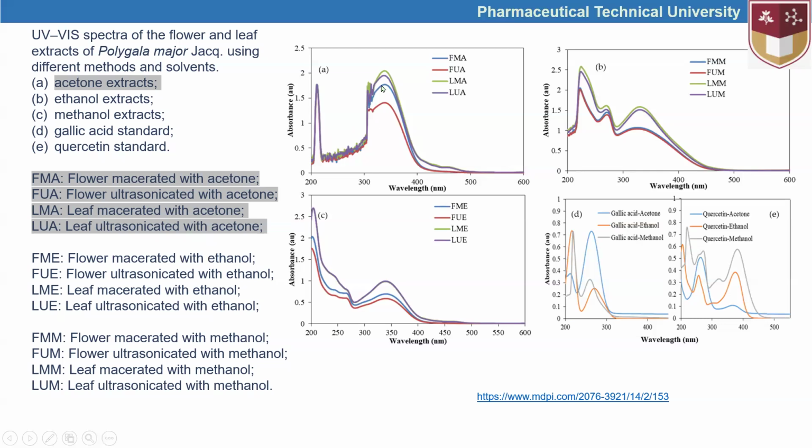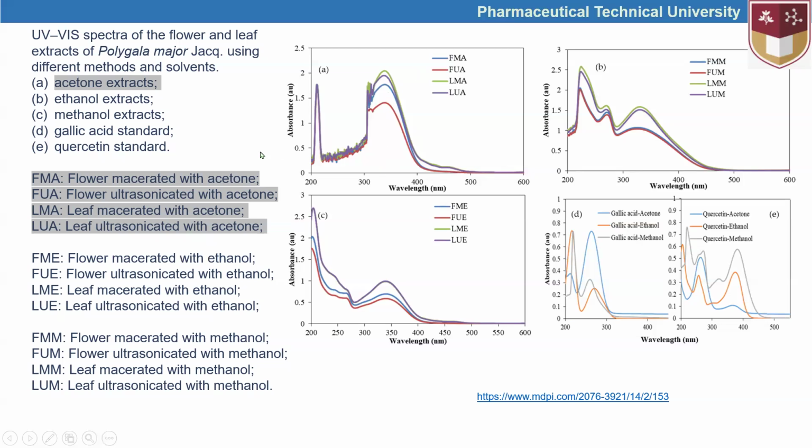So based on these differences, we can conclude that compounds that have absorbance around 340 are expected to be extracted with lower efficacy when they are ultrasonicated with acetone, as shown here. When they are macerated with acetone, the percentage of those compounds extracted is expected to be higher.